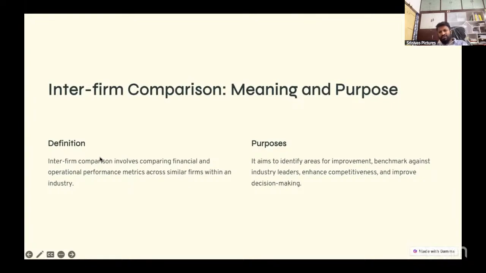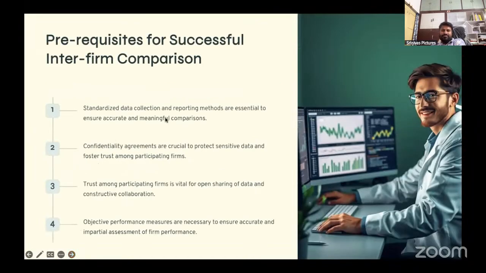When you compare with a competitor or similar firm, you are able to know where they are efficient and where you are efficient. To enhance competitiveness and improve decision making, we use the uniform costing method.